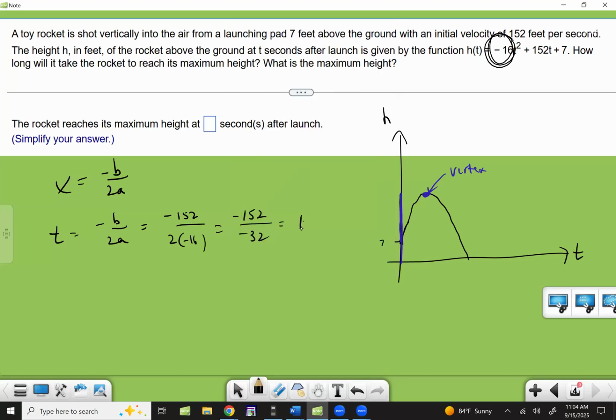I think 4.75 is more informative here in the real world. We know it's that many seconds because we found time, right? So I think we answered the part where it says, how long will it take the rocket to reach its maximum height? Well, in 4.75 seconds, it's going to reach its maximum height. So let's go put that in.